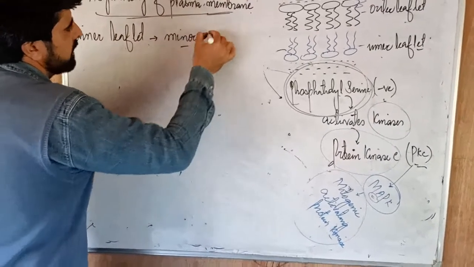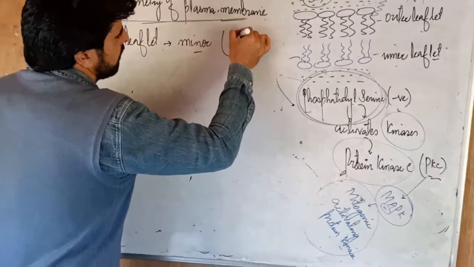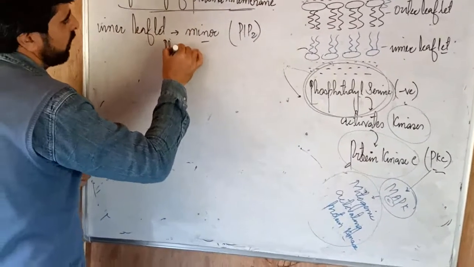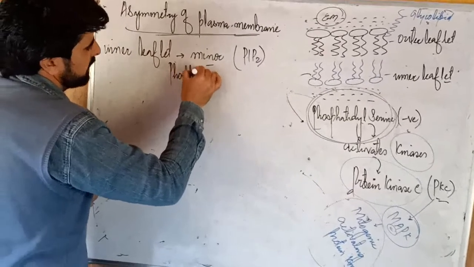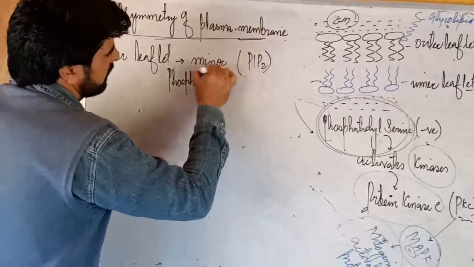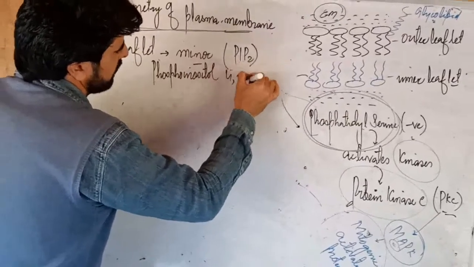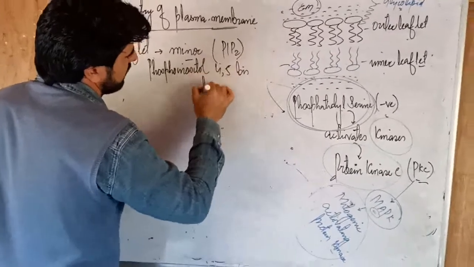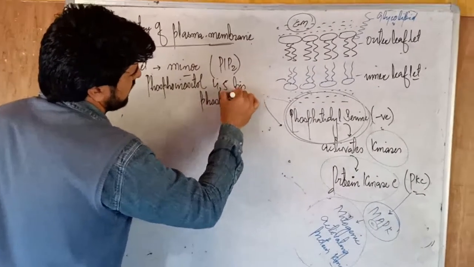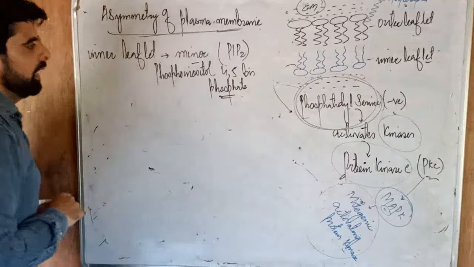That is known as PIP2. That is a phospholipid, phosphatidylinositol 4,5-bisphosphate. This is one of the substances which is present in the inner leaflet and in a minor quantity.